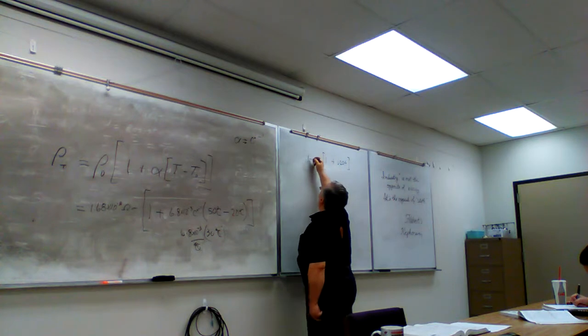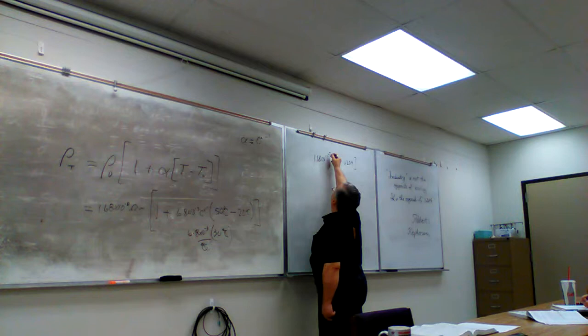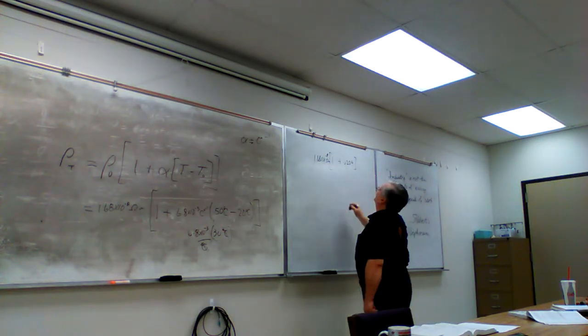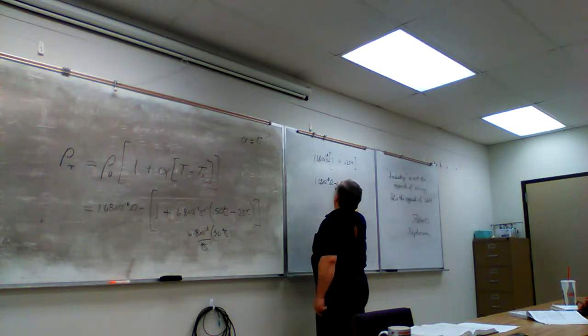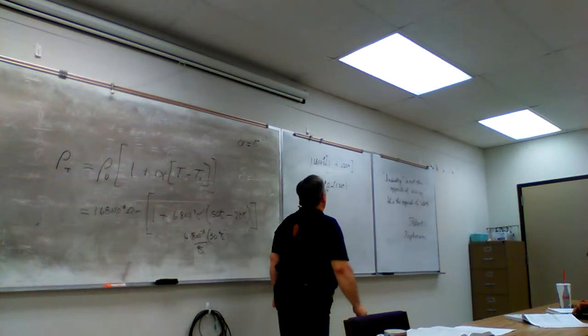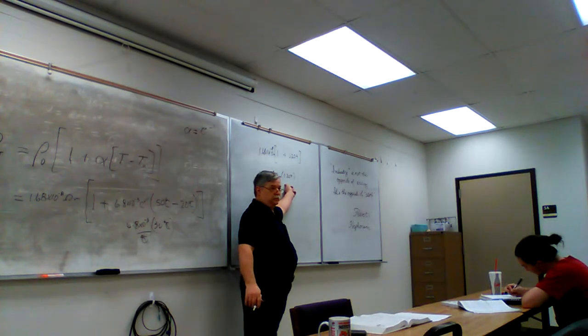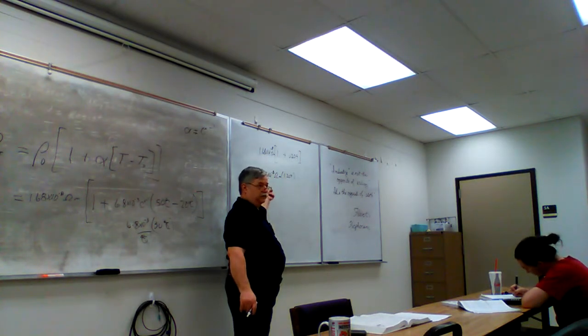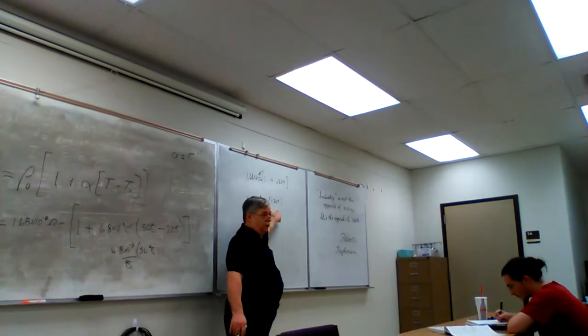We will multiply by our 1.68 times 10 to the minus 8 ohm meters. So what is 1.68 times 10 to the minus 8 ohm meters times 1.204? You'll notice because we included the 1 that you were asking about, we're keeping the initial value that we start with, and we're adding to it 0.204 more.